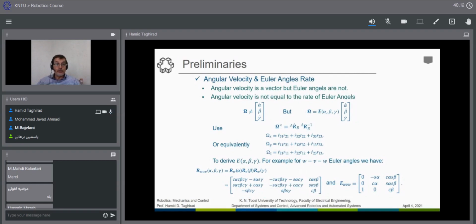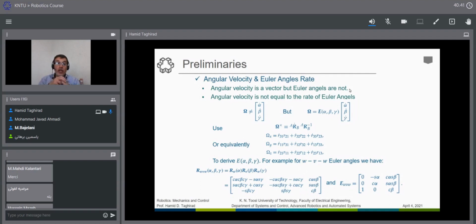As you see here, the main important reason is that angular velocity is a vector, but Euler angles are not. What does it mean? We saw before that Euler angle is not a vector because we don't have commutative adding, changing the vector properties of a vector angle.